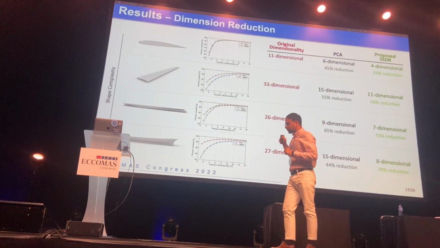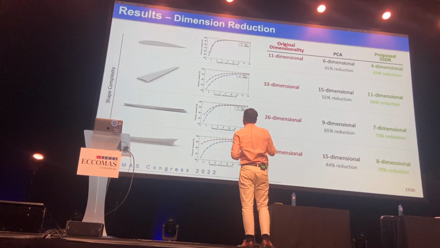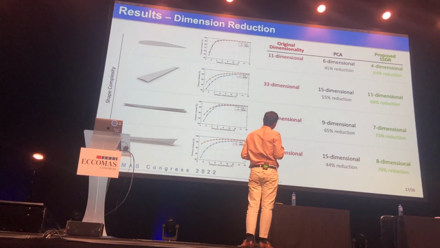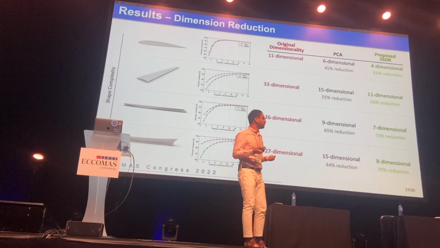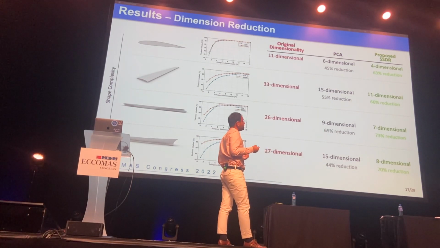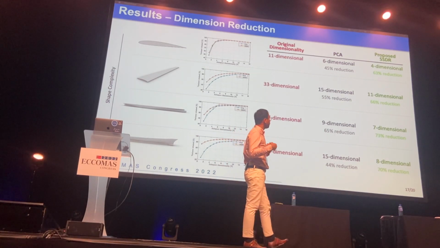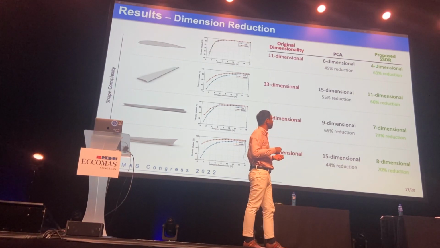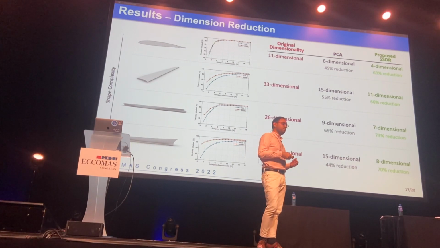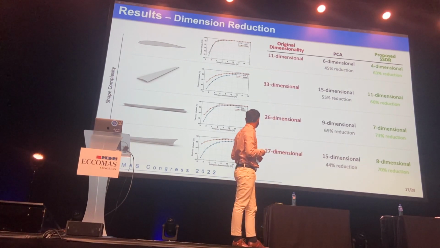Okay, so these are really interesting results. In the case of the airfoil, we had the original 11 design parameters, so our design space was 11 dimensional. With PCA we could achieve 6. But with this SSDR, the shape-supervised dimension reduction, we could achieve 4 parameters, a 63% reduction in the set of parameters.